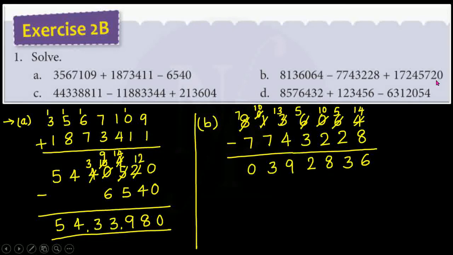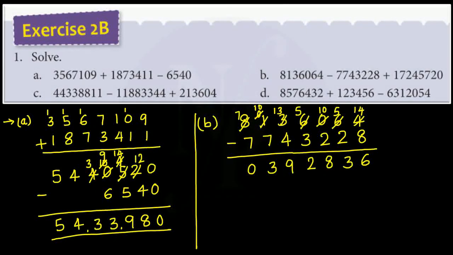So here we have 1 crore 72 lakh 45,000 723, which is an 8-digit number. How many digits do we have here? 3 plus 3, 7 digits. So we need to write the digits appropriately while adding.